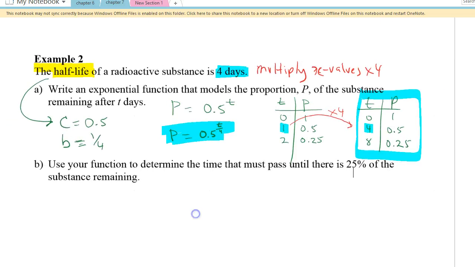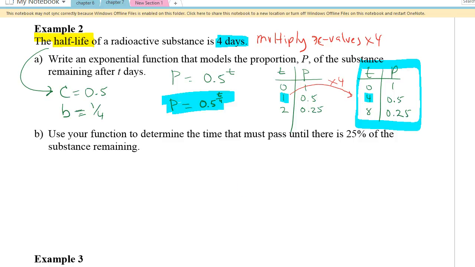The last one says, use your function to determine the time that must pass until there is 25% of the substance remaining. So again, in this part we're going to have to use graphing technology. So we want to set this up as 0.5 to the power of t over 4.